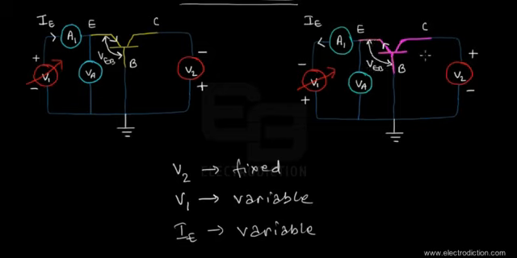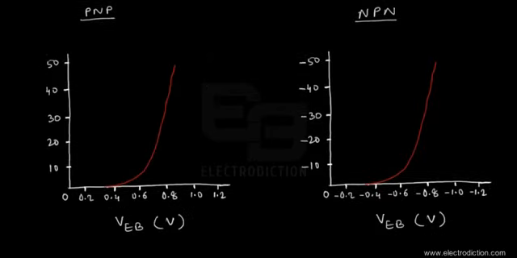So it's quite natural that since we are forward biasing this particular p-n junction present between the emitter and the base terminals in both the types of BJT, we are supposed to get a characteristic that would resemble something like this. And here we are also measuring the emitter current in both the cases. So here it is, that's IE. That's the emitter current, and that's measured in milliamps in both the cases of the types of transistors.